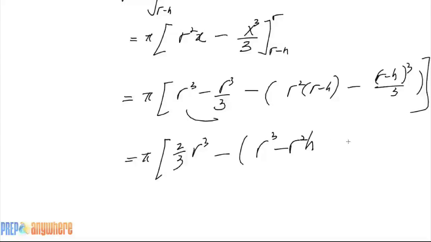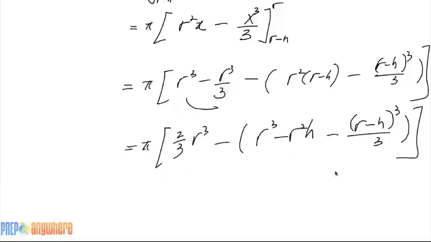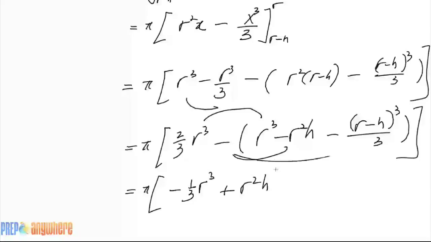And here we have, okay, that's kind of a mess. Let's combine these two first. I don't want to expand this. If I can factor it, I'm going to factor it because it's long. If I combine those two, I actually get minus 1 over 3 r cubed, minus r squared h, and plus r minus h cubed over 3.